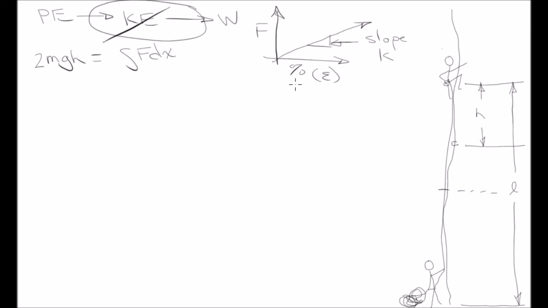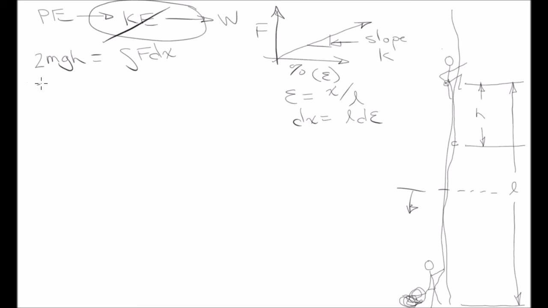Now we're going to switch from x, the rope stretch, to strain. And strain is equal to stretch divided by the total length of the rope. So that means that dx is equal to L dε.